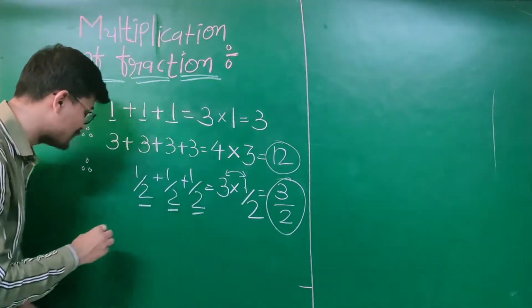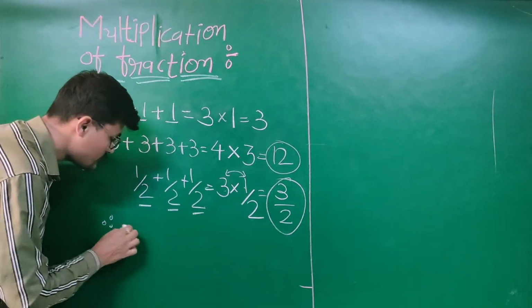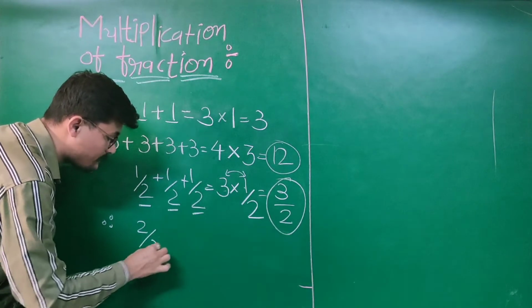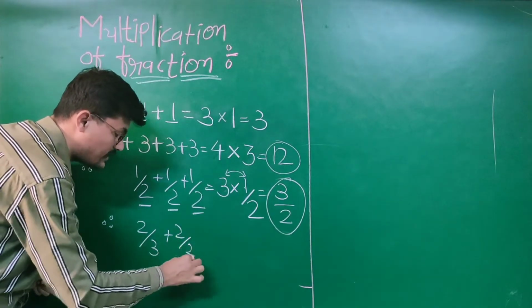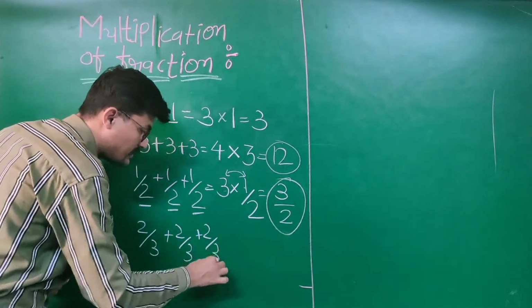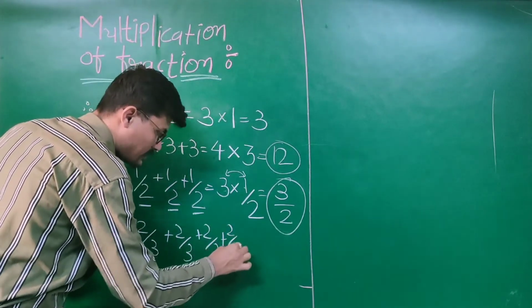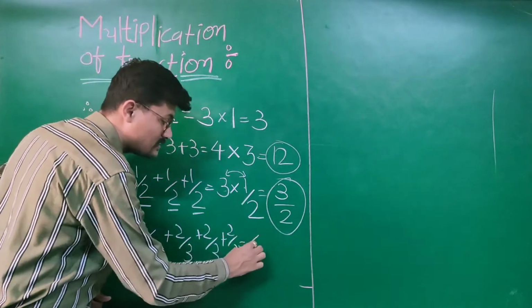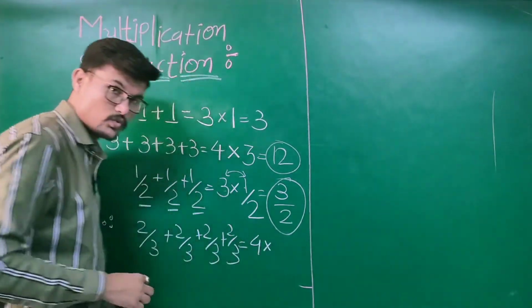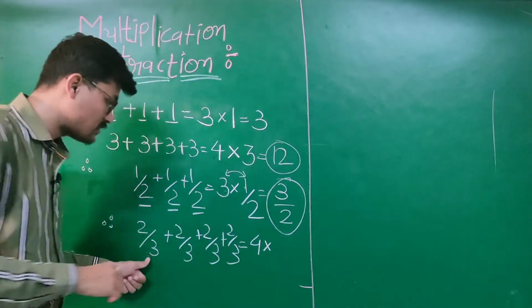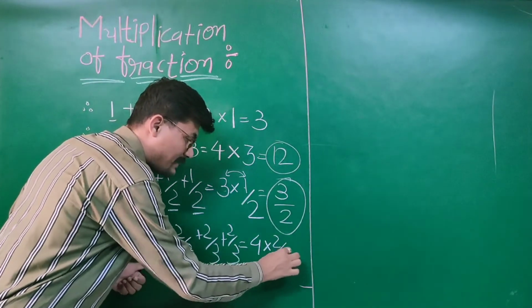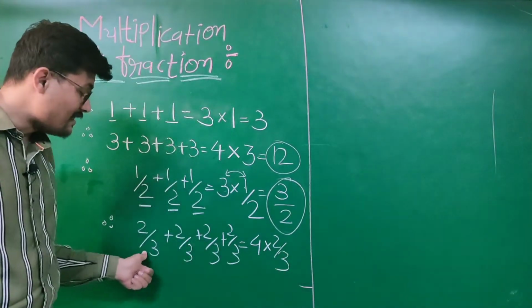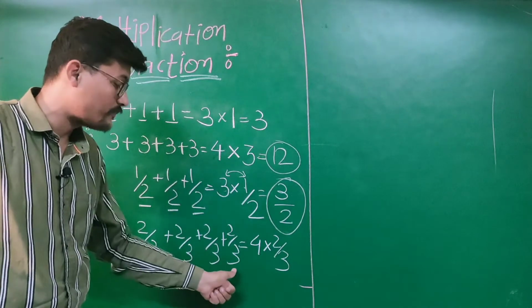Let's take one another example. Suppose 2/3 plus 2/3 plus 2/3 plus 2/3. So how many times? 1 2 3 and 4 times into 2/3. मैंने यहाँ पे कौन सा नंबर ऐड कर रहा हूँ? I add here 2/3.